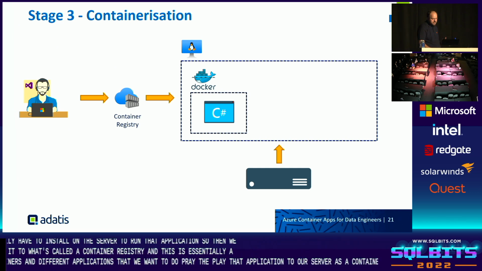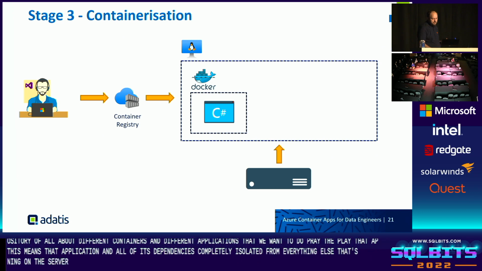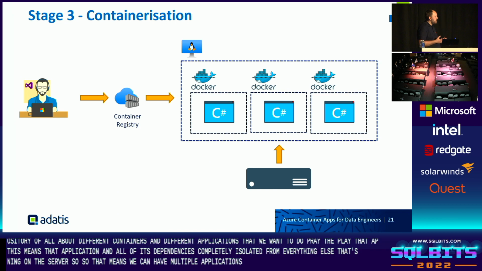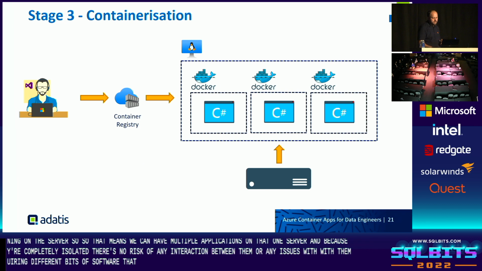This means that our application and all of its dependencies are completely isolated from everything else that's running on the server. So we can host multiple applications on that one server. And because they're completely isolated, there's no risk of any interaction between them or any issues with them requiring different bits of software that will conflict on the server.